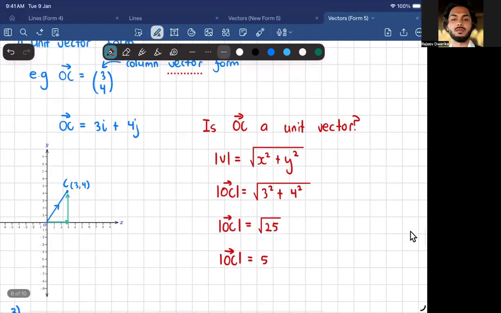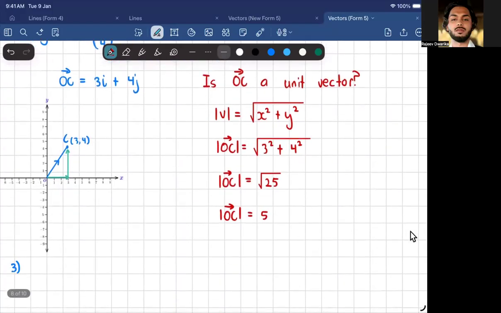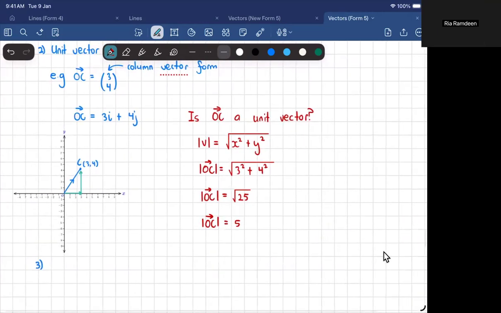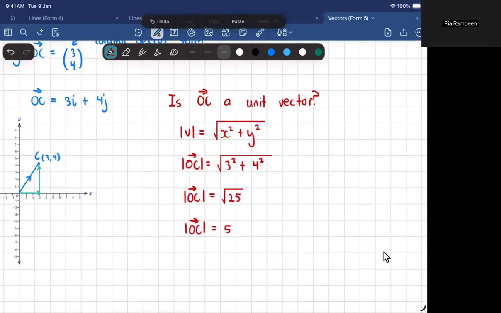That's okay. So my question to you is, was the magnitude of OC 1? Can somebody tell me what the magnitude was? We found it in the last line. 5, right? So would you say that OC is a unit vector? A unit vector is a vector whose magnitude is 1.